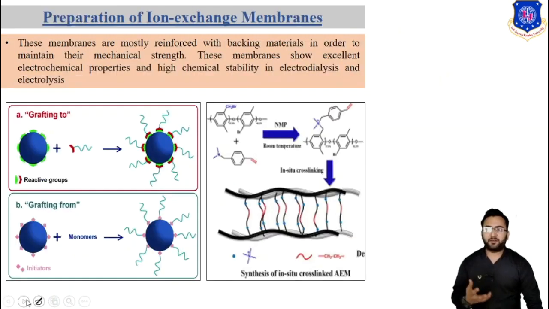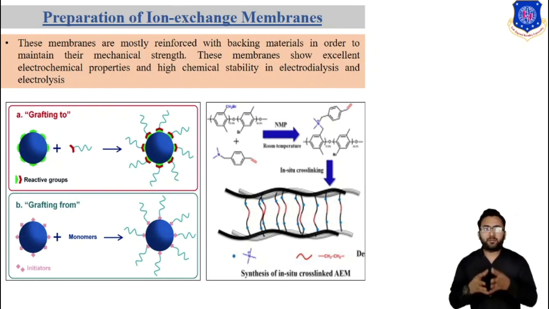Now let us discuss the next method, which is the preparation of ion exchange membranes. These membranes are mostly reinforced with backing material in order to maintain their mechanical strength. This membrane shows excellent electrochemical properties and high chemical stability in electrodialysis and electrolysis.